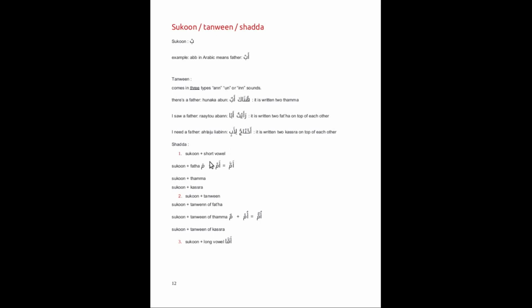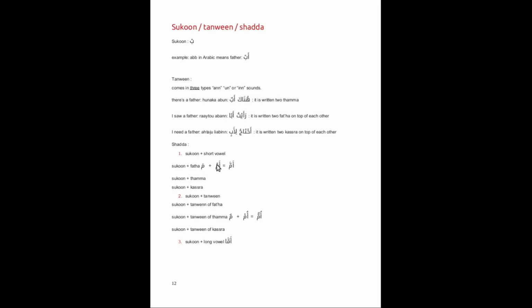Okay, now there is actually another kind of, not a vowel, but something we write. It's called a shadda. And a shadda is basically a sukoon, the sound, plus a short vowel. It can be plus a short vowel, or a tanween, or a long vowel. So if it's, for example, this word, which is m plus ma.